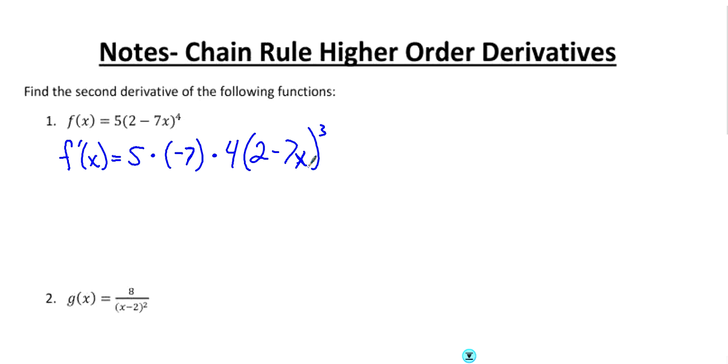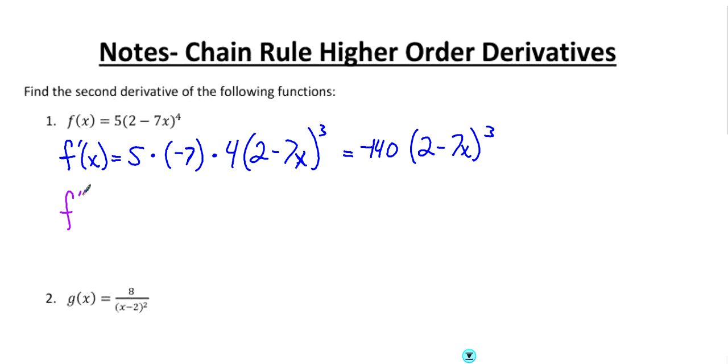Now before we go to take the second derivative, we need to simplify this a little bit. Okay, so when we multiply all of those numbers, we get negative 140 times 2 minus 7x cubed. So you take the first derivative, you simplify it, and then now we're going to take the second derivative.